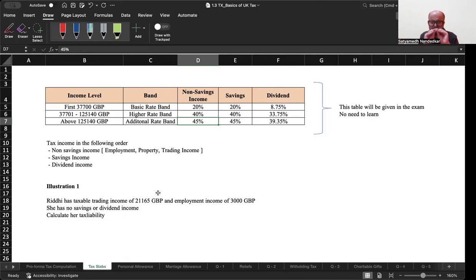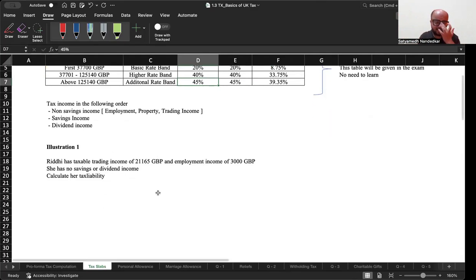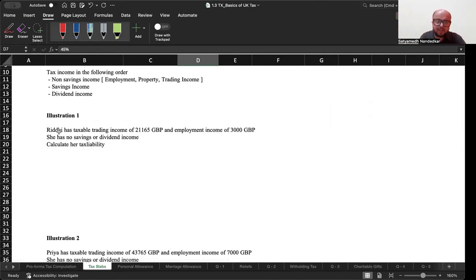So this is just a simple understanding of how tax is levied. Now, Riddhi has taxable trading income of 21,165 pounds and employment income of 3,000 pounds. She has no savings or dividend income. Calculate her tax liability. My only objective is to tell you how slab rates work.